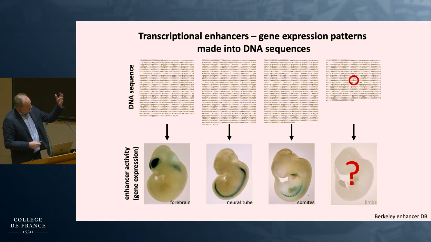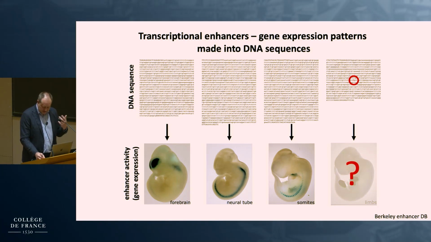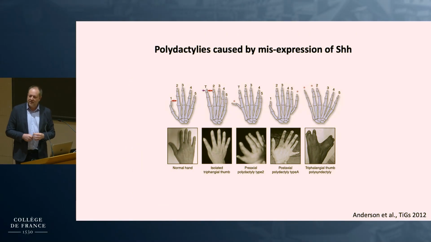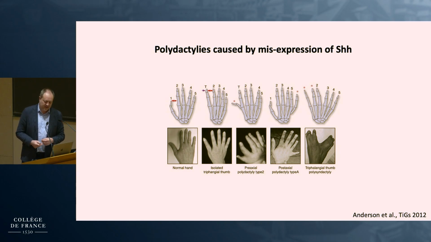And it is again this one enhancer, the sonic hedgehog limb enhancer, for which, when mutated, many aberrations are known, both in human patients, as shown here, but also, as Wendy showed in the morning, for example, in cats or chicken.